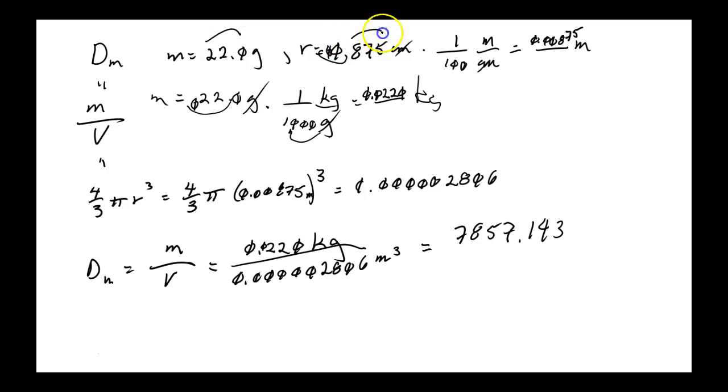This had 3 digits. So we round to 3 digits: 1, 2, 3, 786, 0. What do they have? The book has 7830. They must have messed up somewhere. And that would be kilogram per cubic meter.